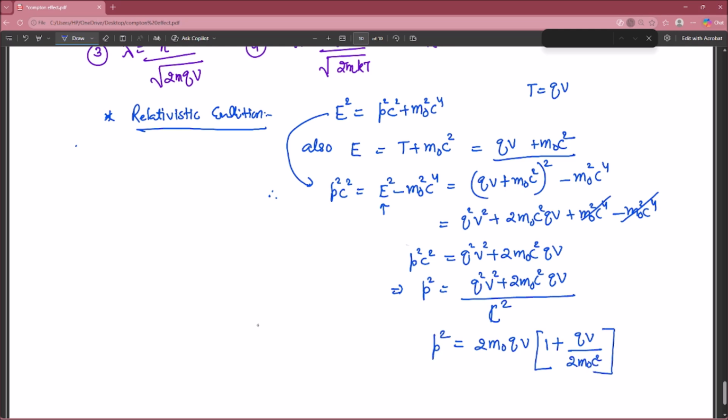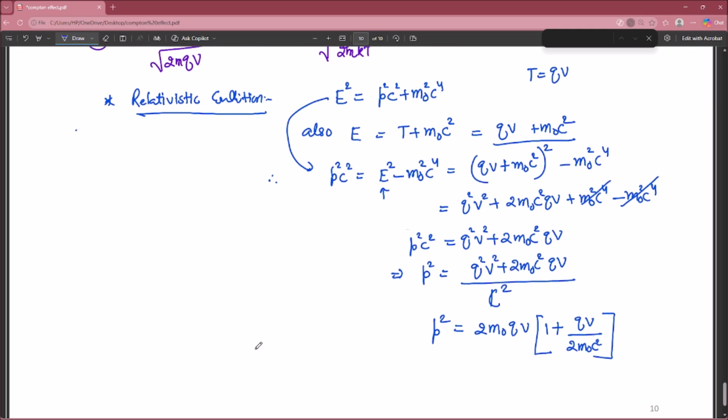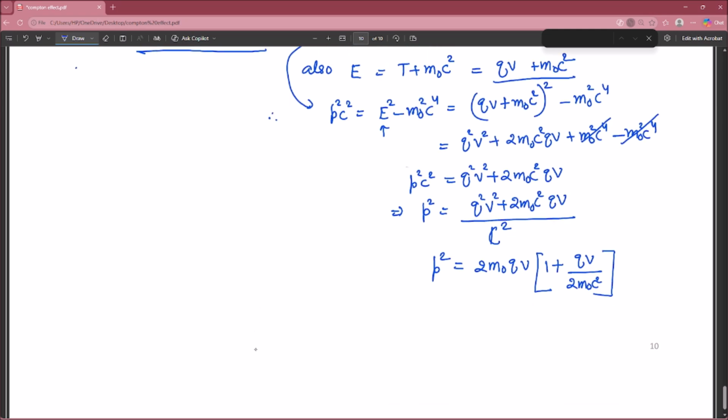This is p square. So we have p is equal to root over 2 m naught qV times 1 plus qV divided by 2 m naught c square. So this is the value of p.